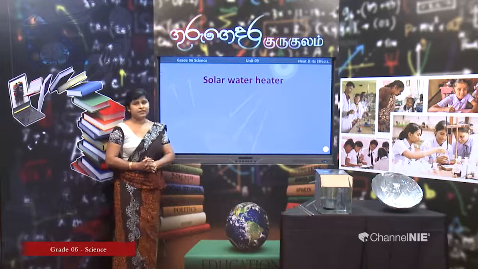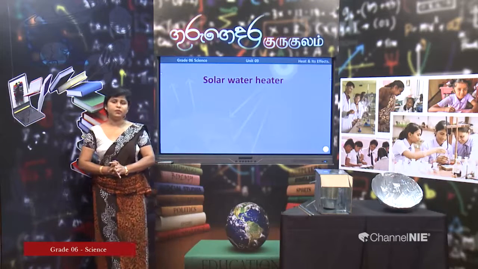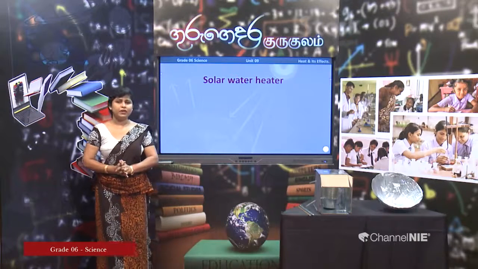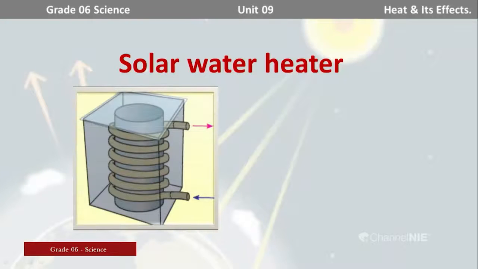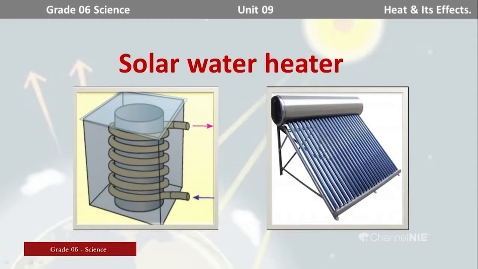Solar water heater. I think this is not new to you. You may have seen solar water heaters are connected on the roof of some houses in our country. Solar water heater is used to heat water using the solar energy. The second picture is showing you a solar water heater, but the first picture is showing you a model of a solar water heater.